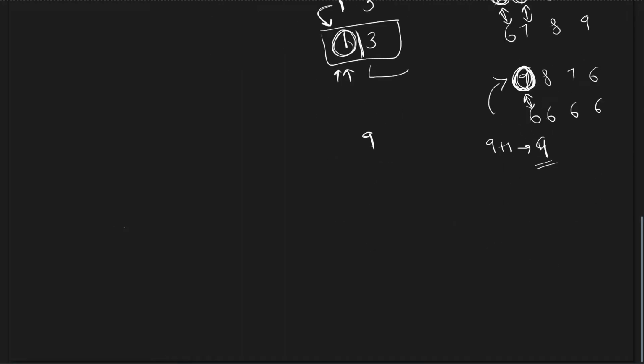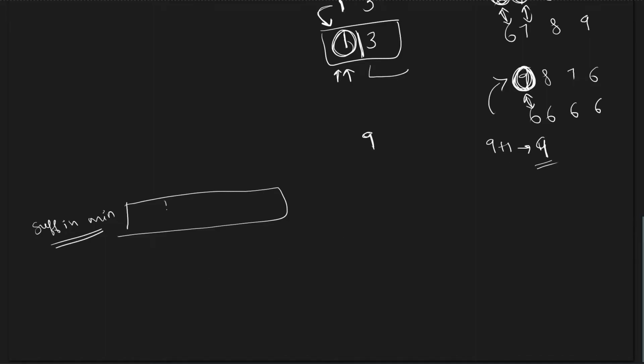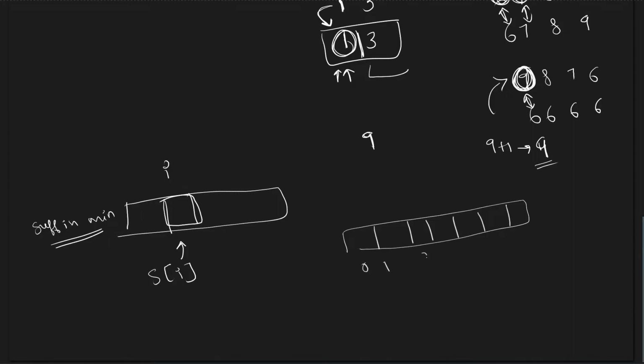So what we'll have to do at the end, we will calculate a suffix minimum array. After we have calculated this, for all positions where s of I is equal to the ith element in the suffix minimum array, we don't have to do anything for it, and we can create a result vector which will store the frequency of all the elements like 0, 1, 2, 3, 4, 5, 6, 7, 8 and 9.